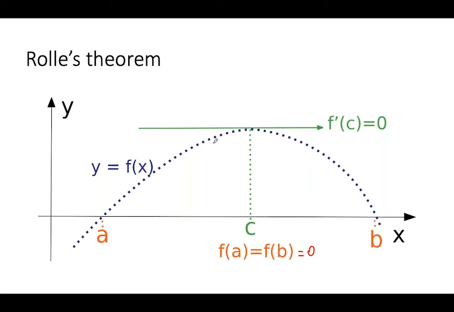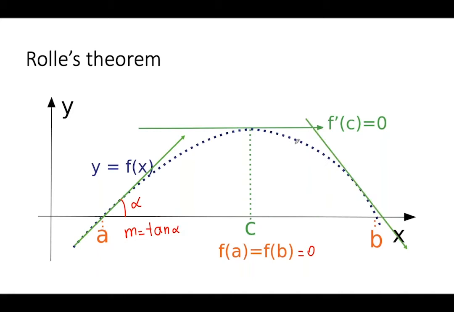In the function, the slope of the line which is drawn tangent to the point C is equal to 0. Why? As we know, the slope of the line is equal to the tangent of the angle between this line and the positive direction of x, which here we called alpha. So the slope of this line is equal to tangent alpha.